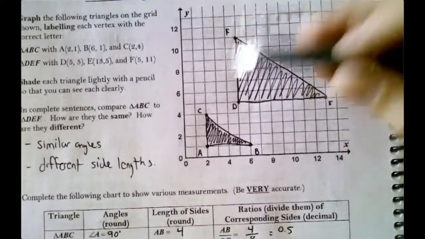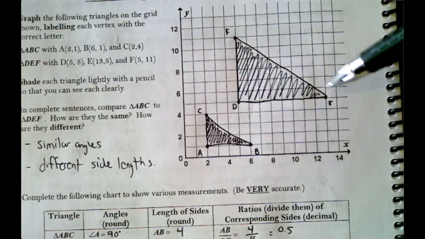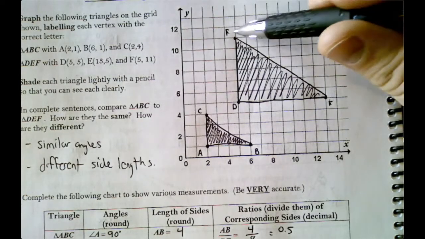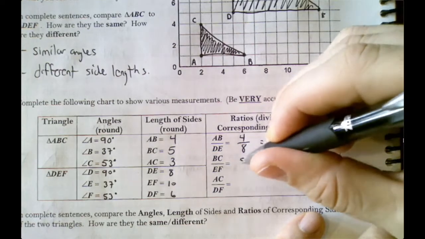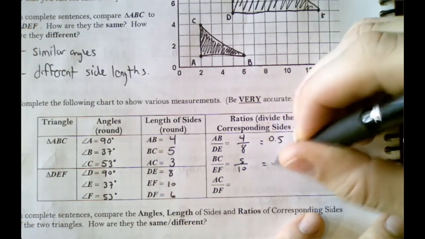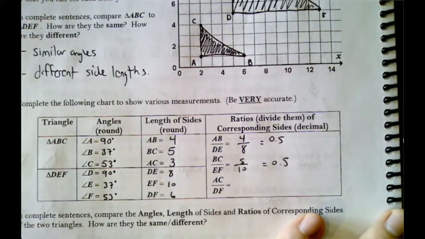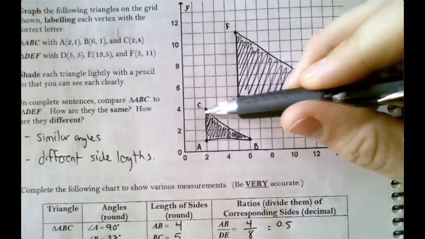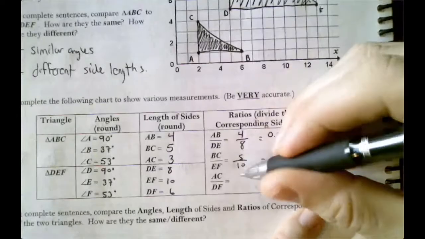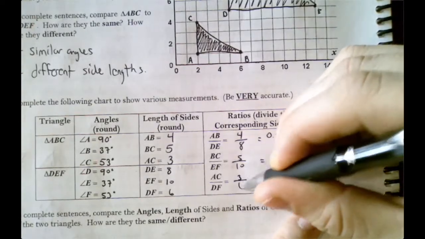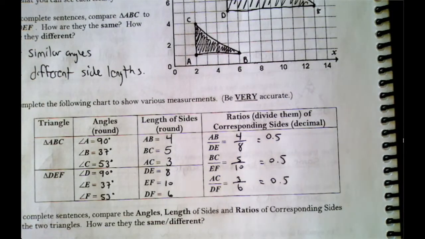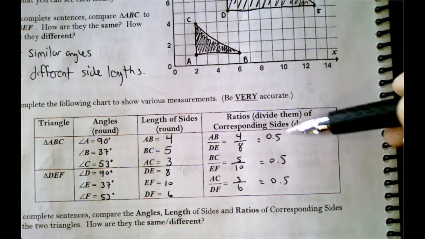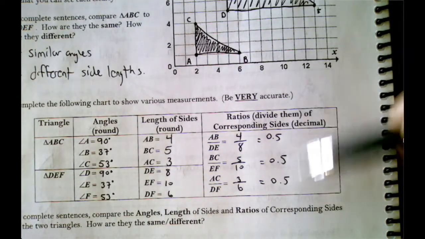If we compare BC, the long one, to EF, the long one in this triangle, we get 5 over 10, which is also 0.5. And our last ones, if we compare A to C and D to F, we get 3 over 6, which again is 0.5. So if you notice, these are all the same.